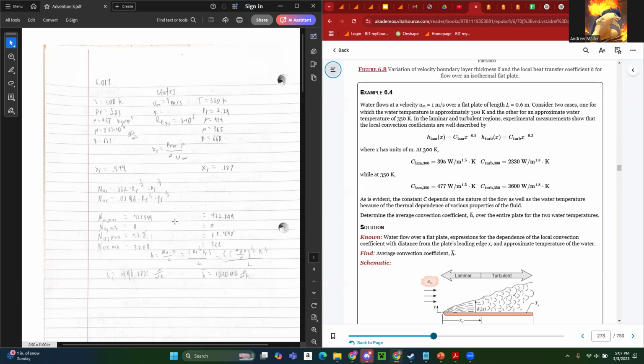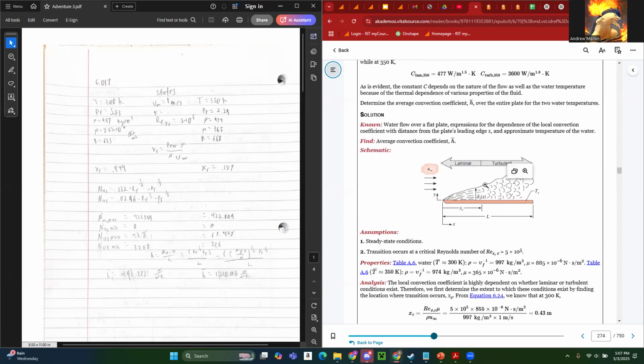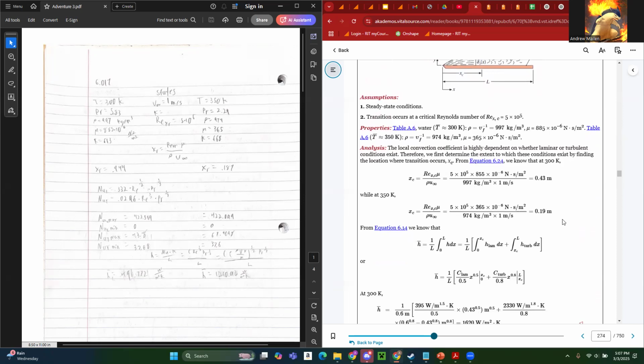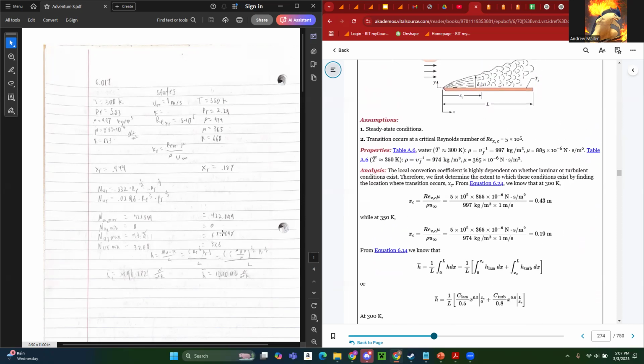However, instead, I decided to just do joint integrations as are seen in this problem, where h is equal to the Nusselt number times the conduction coefficient over the length.